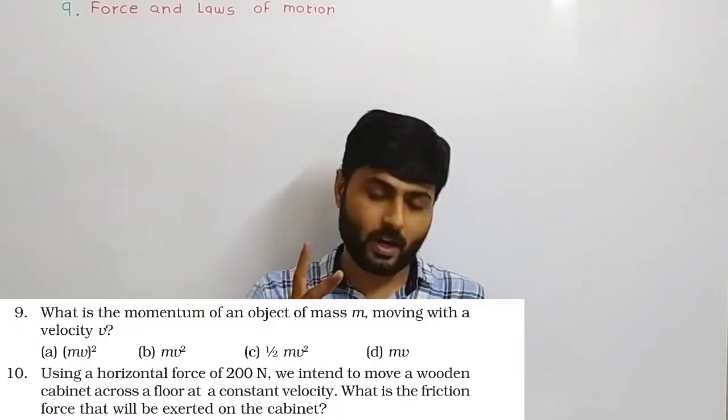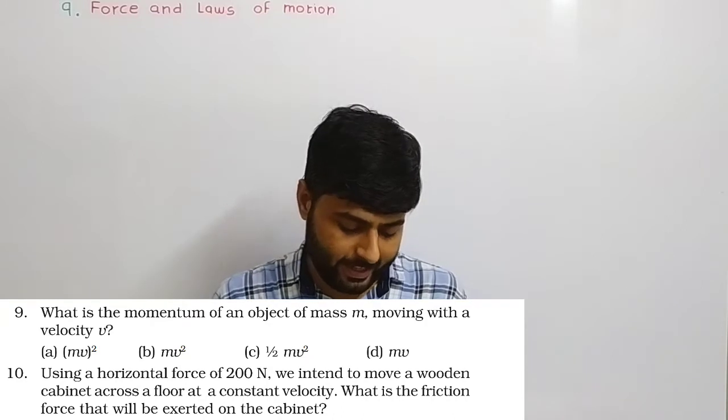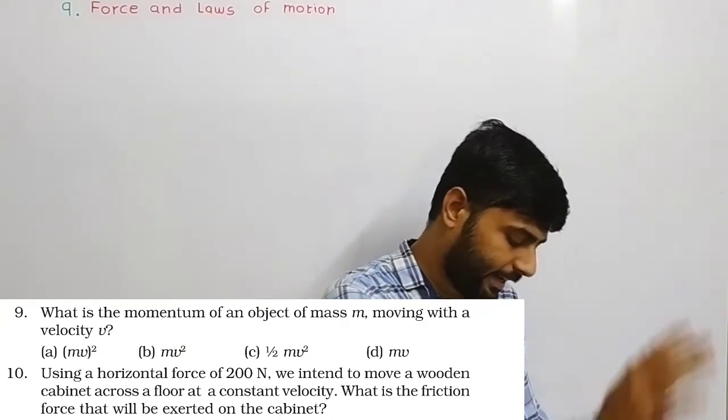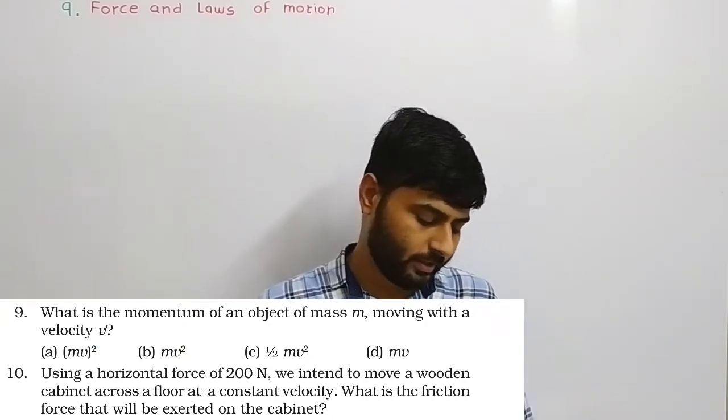Question number 10. Using a horizontal force of 200 Newton, we intend to move a wooden cabinet across the floor at constant velocity. What is the frictional force that will be exerted on the cabinet?